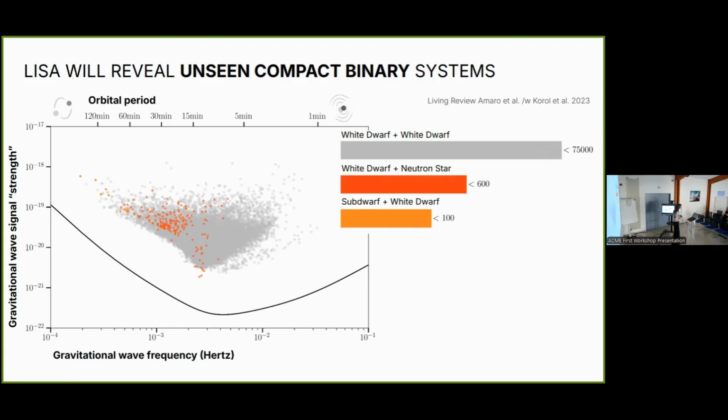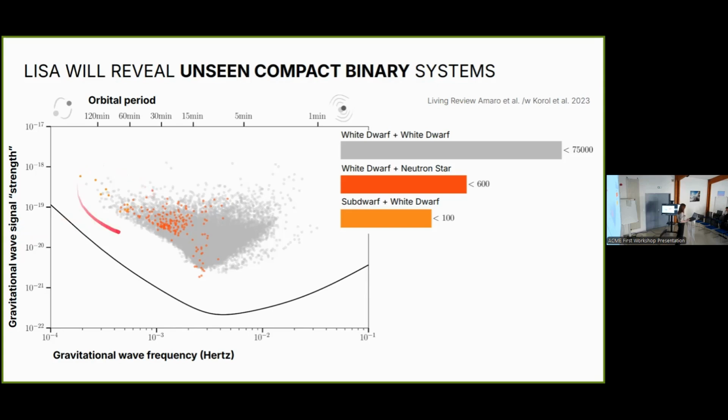We will also see binaries here in yellow that you may not see as well. So these are white dwarfs or neutron stars with a subdwarf companion. So a still living star that is still burning fuel in the core, but was stripped of its envelope. So we can now fit it in a tight orbit that emits gravitational waves in the LISA band.